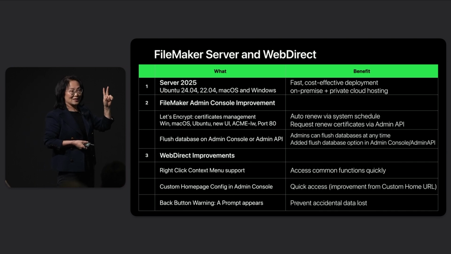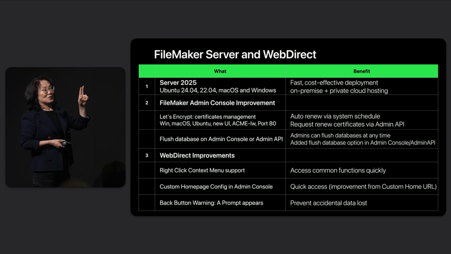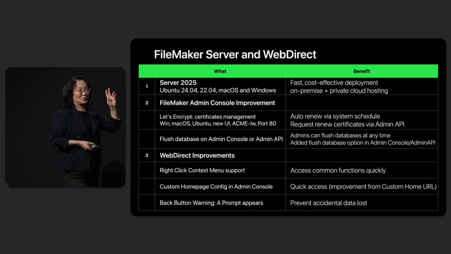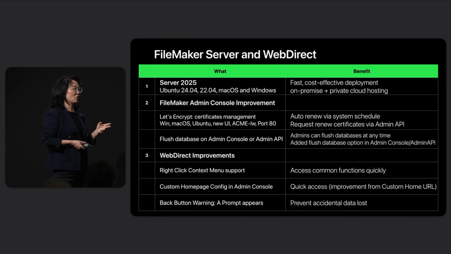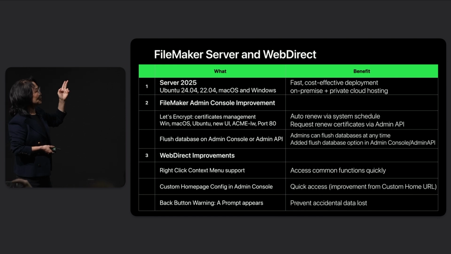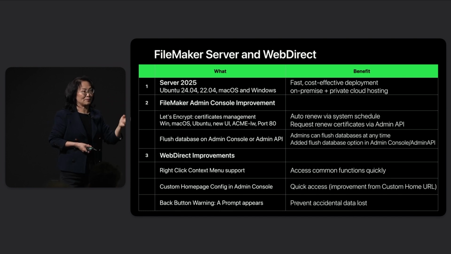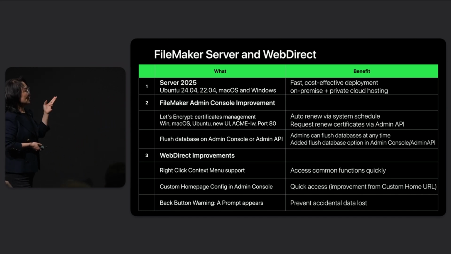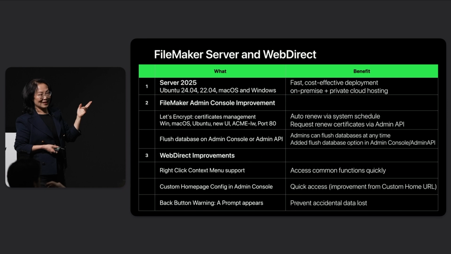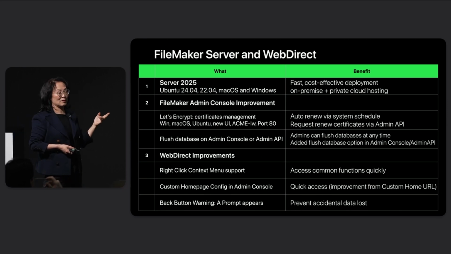We integrated the ACME LW library to eliminate third-party tools, and we give you port 80 for enhanced security. So you can automatically renew these certificates in the system schedule or manually renew with the Admin API. Renew certificates with Let's Encrypt in this release. It's simpler and more secure.